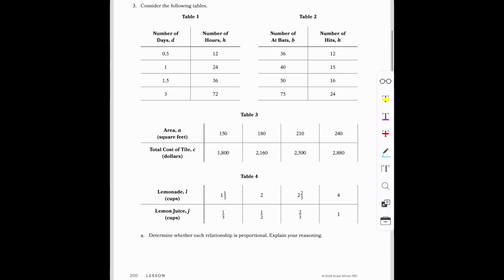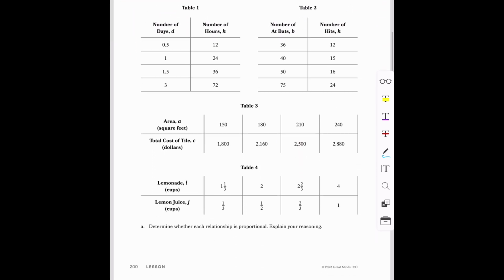Okay, so now we can turn the page to page 200, where we have some more tables to look at. All right, so number 3 says consider the following tables. We need to look at all of the tables, but let's read part A to see if there's any goal that we have. Part A says determine whether each relationship is proportional.